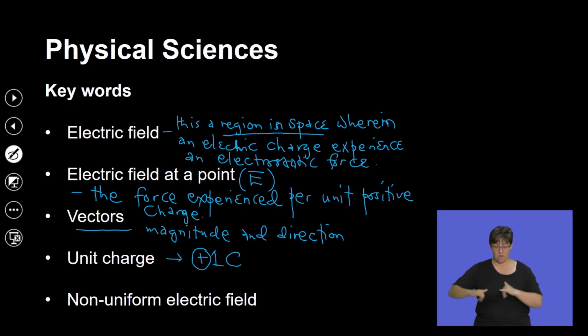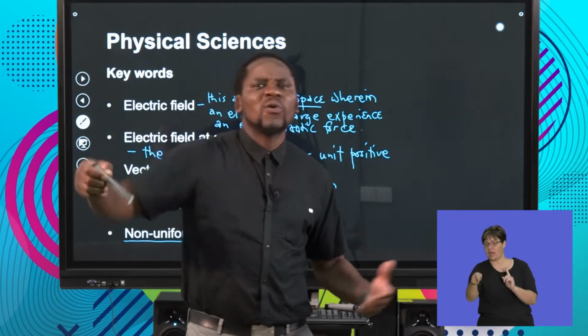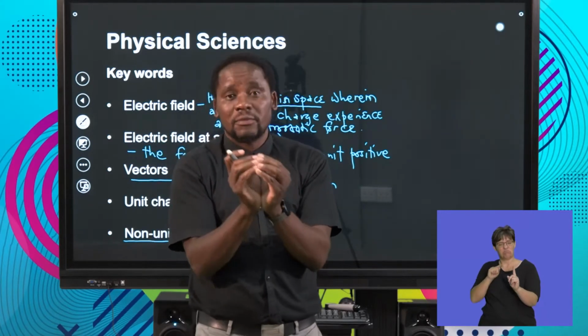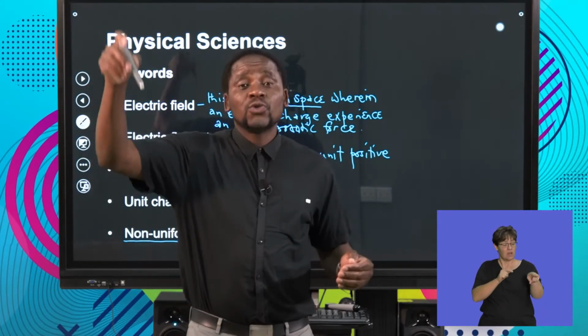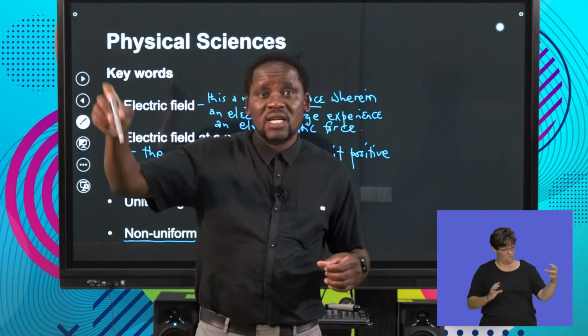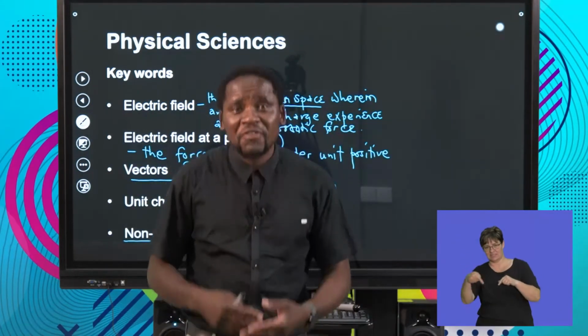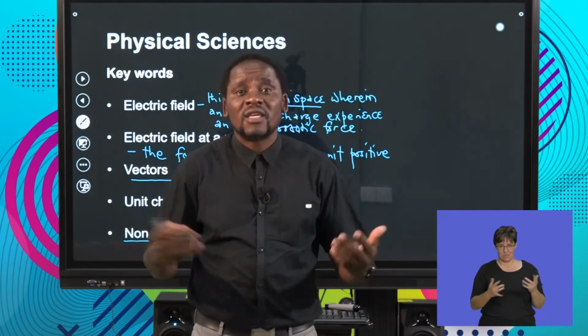And then non-uniform. If a field is non-uniform, it means that within that field, if you randomly pick a point in the field that is caused by a particular point charge, the magnitude of the force that the test charge will experience at that point will vary, depending on a number of factors, as per the thinking that we started with.